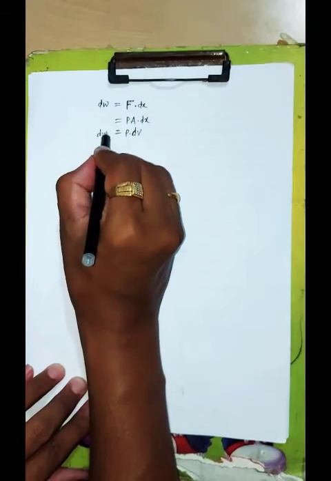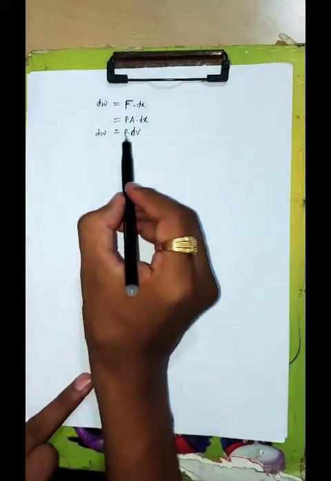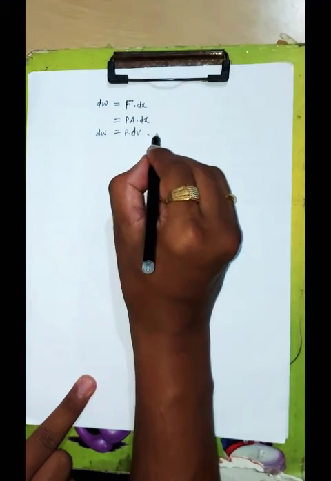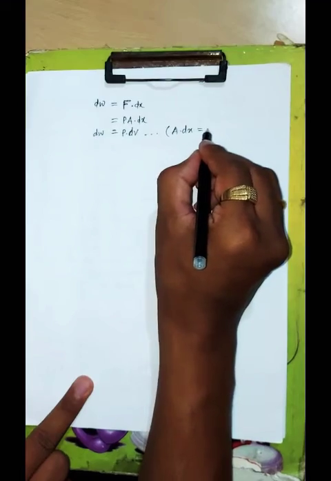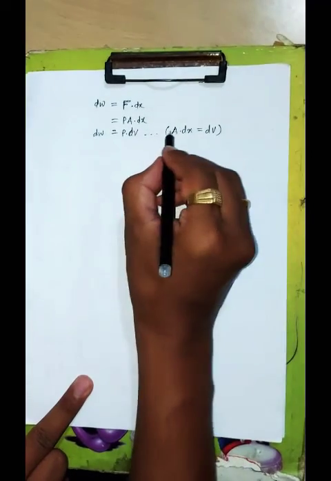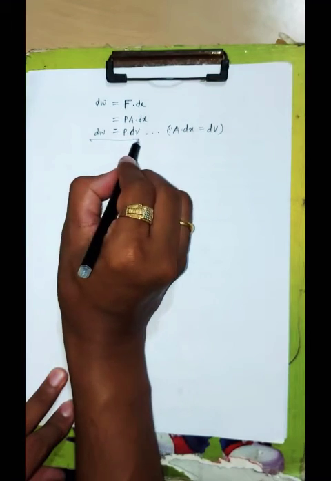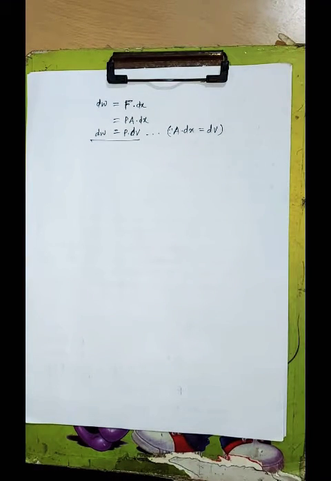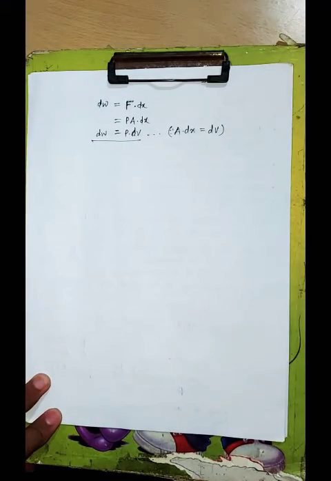So we get that equation for amount of work done as P into dV. Here we should write that A into dx should be equal to change in volume. So we get that particular formula as dW is equals to P into dV. Okay, now this is for a particular small work is there.